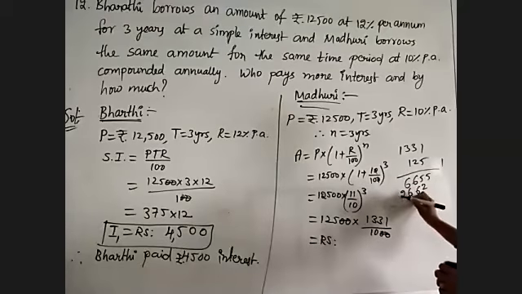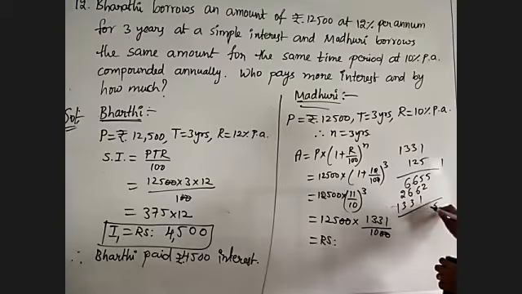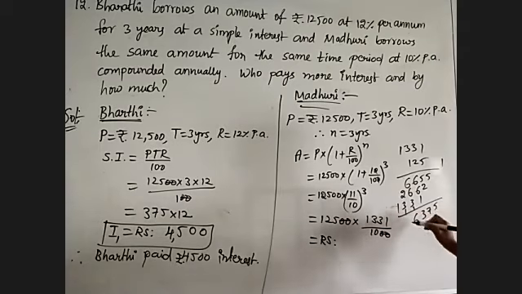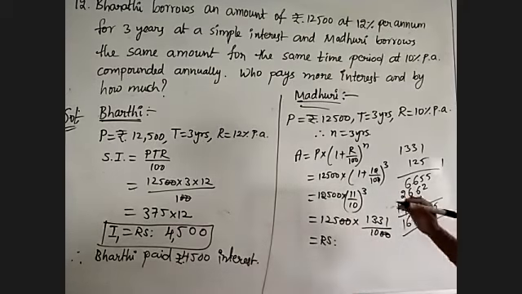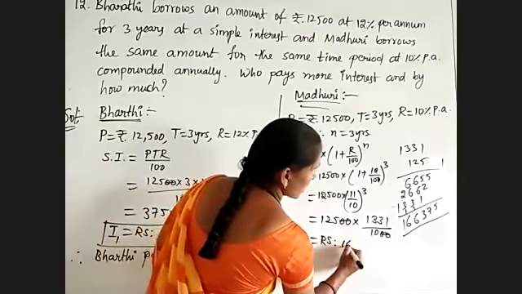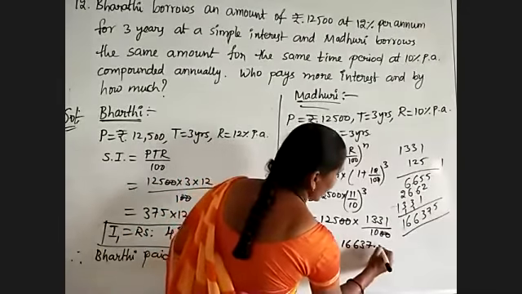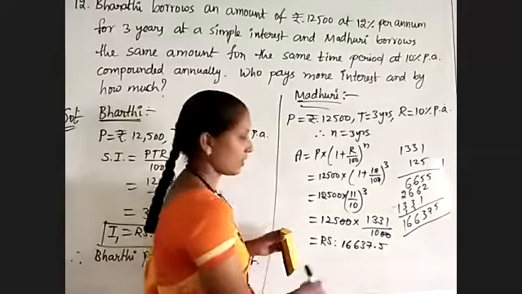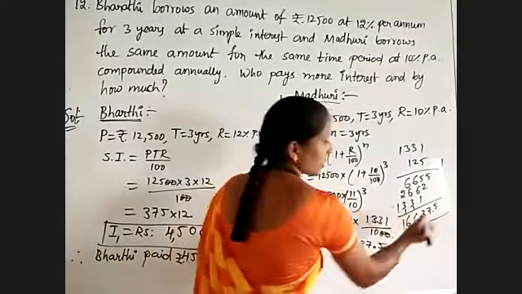Then 1 3 3 1, and adding up, we will get 16,637.5, because we divide by 10, so we put the decimal point before the last digit.